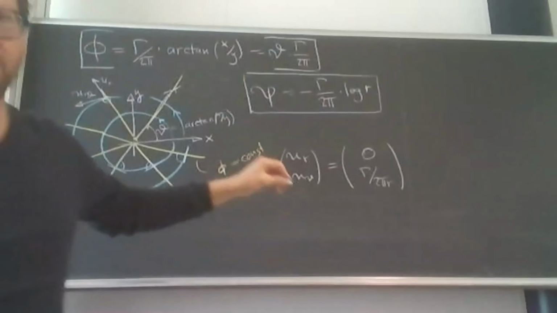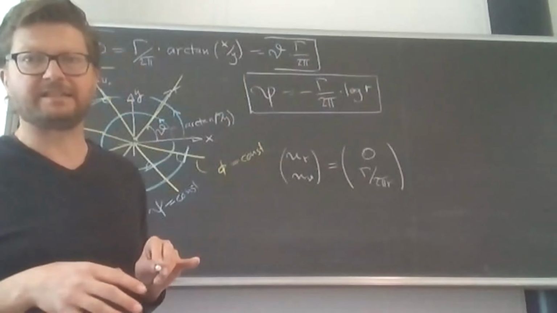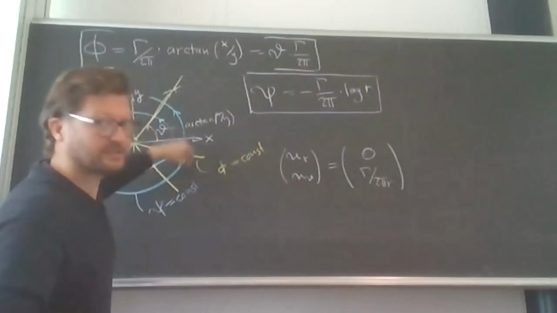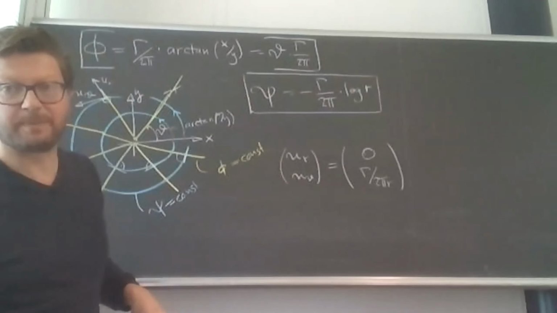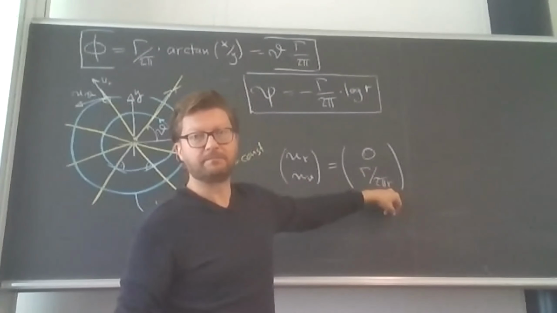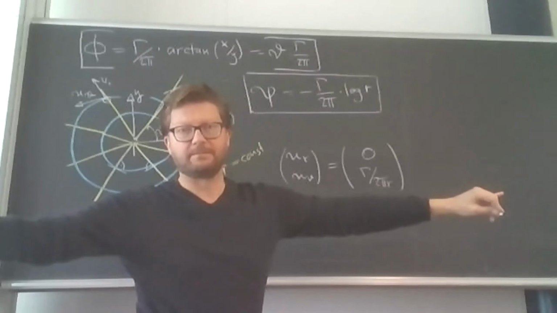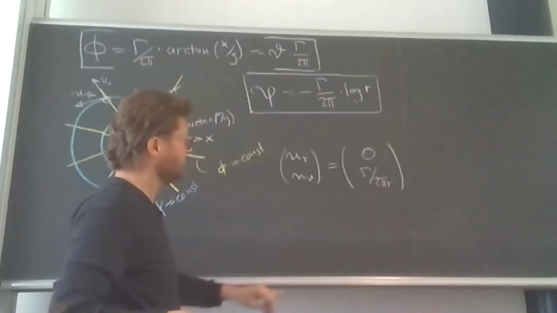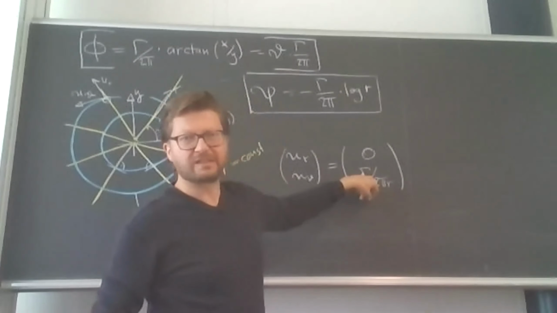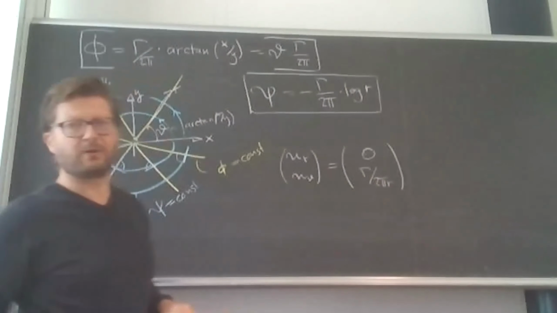And that's exactly what we already knew of this ideal vortex. The velocity with which the vortex is spinning is decaying like 1 over r as we go away from the center. And now it also becomes a bit more clear where this whole gamma over 2 pi comes from.